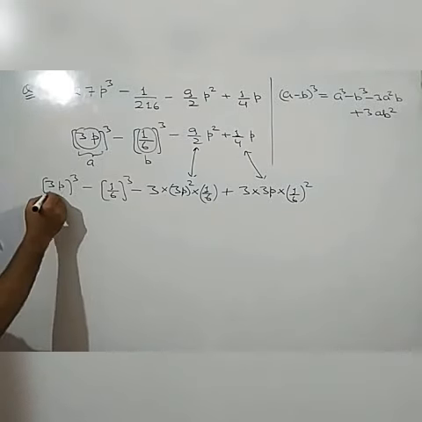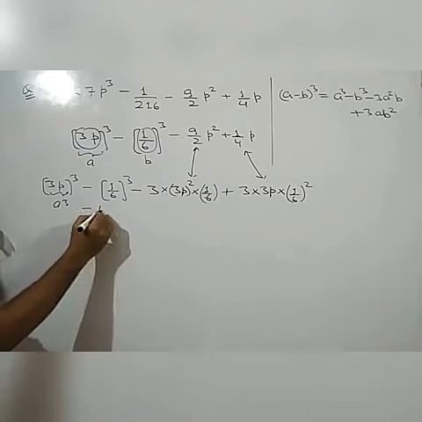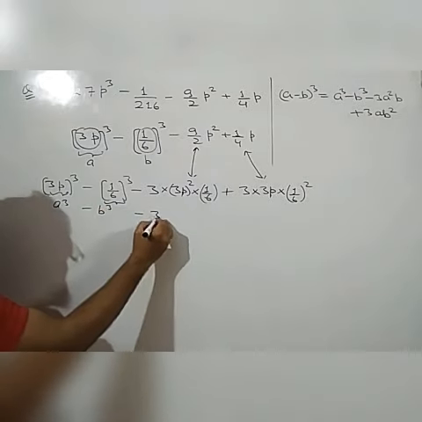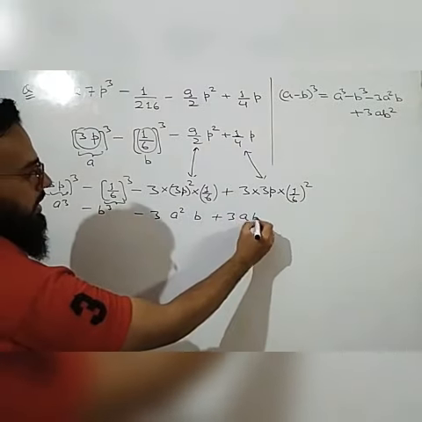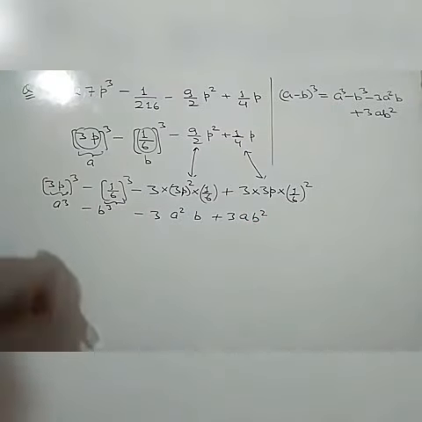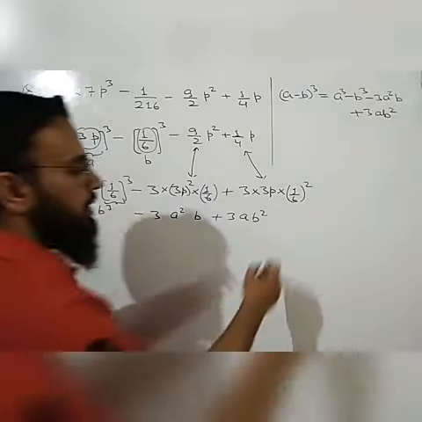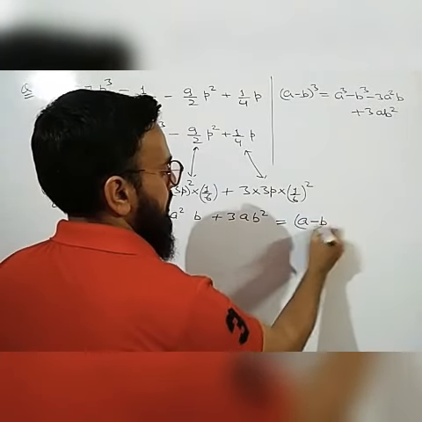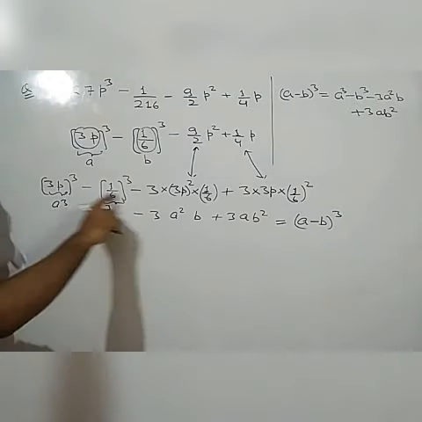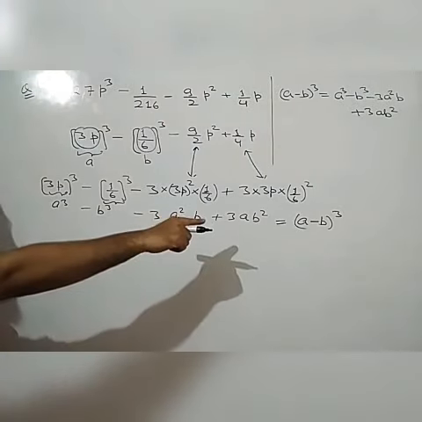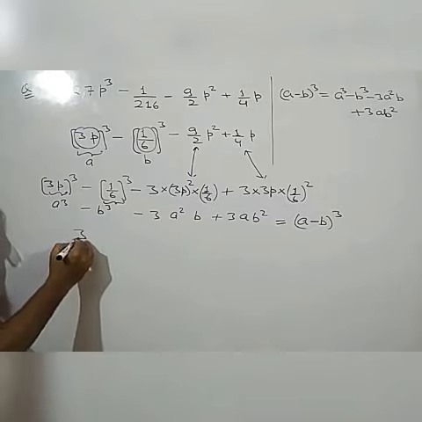Now this is a cube minus b cube minus 3a square b plus 3ab square. And what is the value of this particular term? It is equal to a minus b whole cube. So we can write this particular term as a minus b whole cube. What is the value of a? It is 3p.